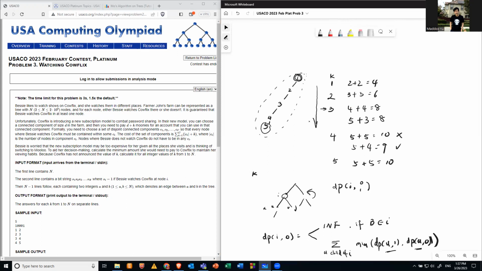So that means when k increases, the disjoint components will connect together. So the size of the disjoint components will increase, the number of disjoint components will decrease. So size will either stay the same or increase. Number of disjoint components will stay the same or decrease, right?